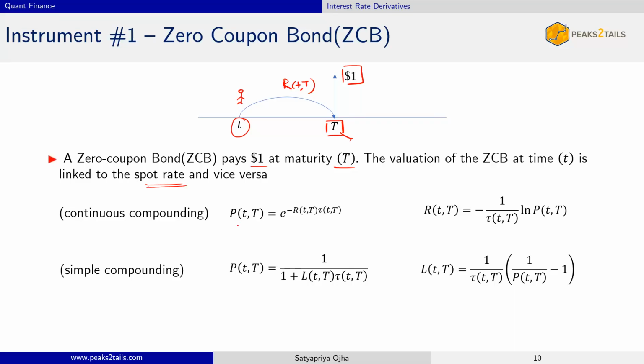So under continuous compounding, how do you value the zero coupon bond? Simply find the PV, present value. Something that is valued at $1 at time capital T, what is the value of that at time small t? The notation that I'm using is P(t,T). Small t is the valuation date.